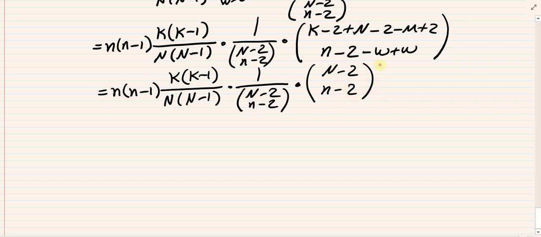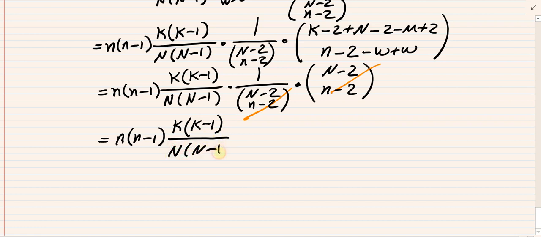And of course, those end up being the same. And we have the formula for the expected value of x times x minus 1, not quite the variance, sorry. It's going to be n minus 1, k minus 1, divided by n minus 1. There. That's what that's going to be.